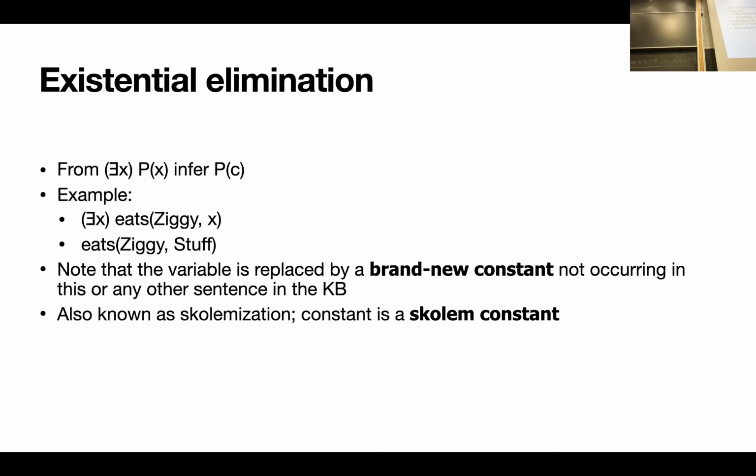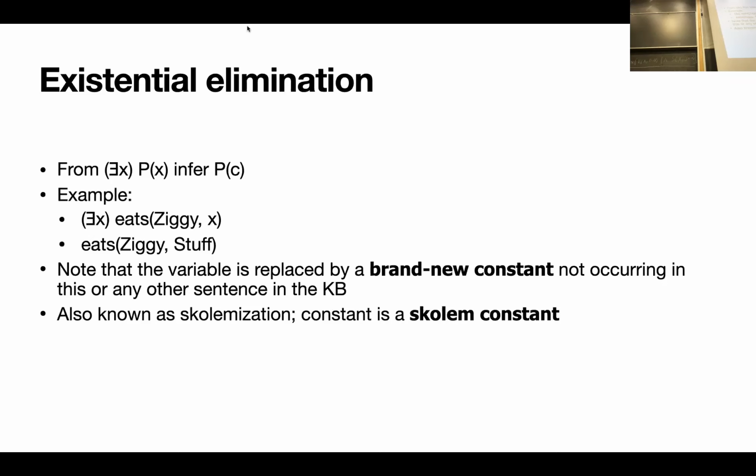This is also called Skolemization. It's called a Skolem constant, a constant that has not been used previously in the knowledge base. I was going to say we can prove that this Skolem constant is equal to something that does exist in the knowledge base, but that would require some additional inference rules to be applied.